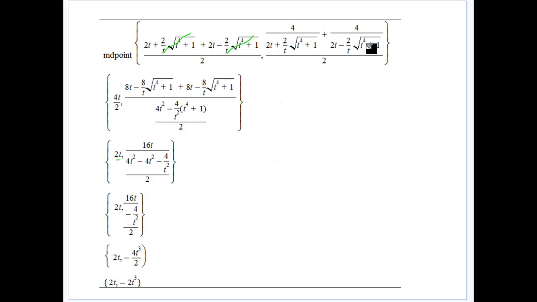The y part not so much, because we've got two fractions there, so we have to get a common denominator, which is the multiplication of the two. So notice that it's the difference of two squares, which is a little bit easier. Multiply through to get our numerators. And again, our numerators are not too bad, because those parts will cancel. That's where we get the 16t from.